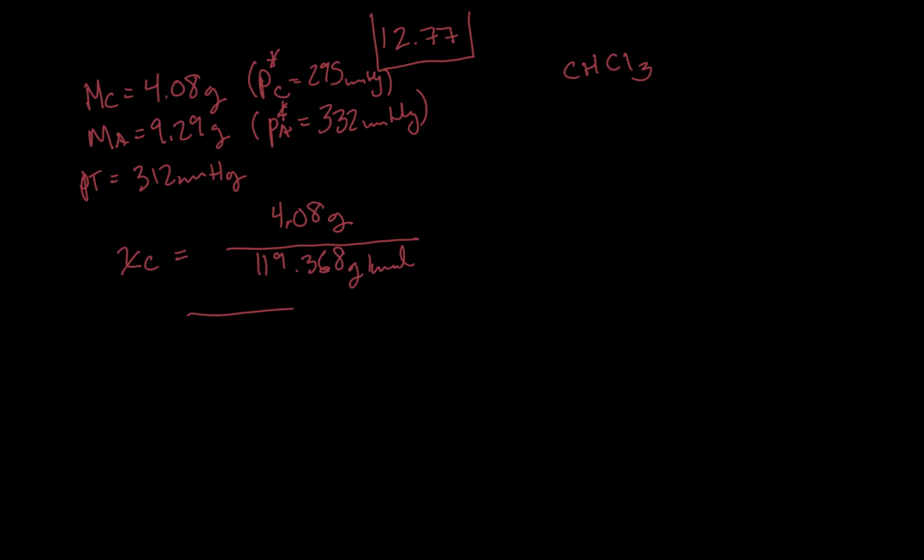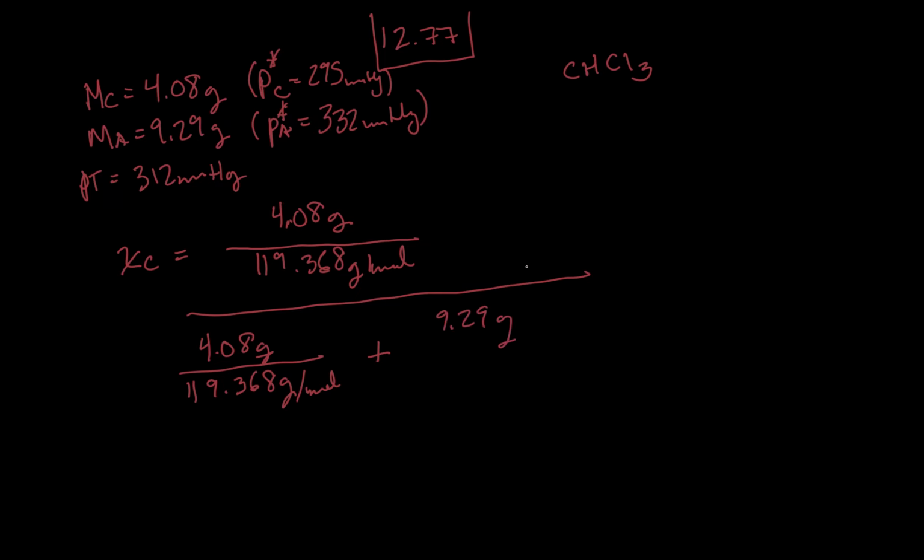And we're going to divide that by the sum of all the moles in the system, so we have to put chloroform down here again. Trichloromethane kind of just sounds better, and chloroform just has such a bad rap. That and 9.29 grams of acetone. The molecular formula for acetone is CH3COCH3.